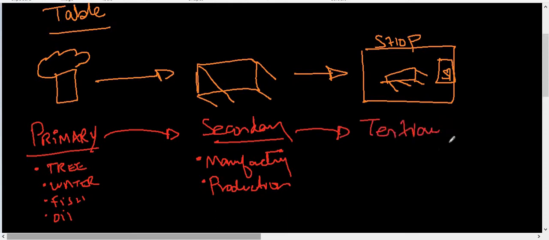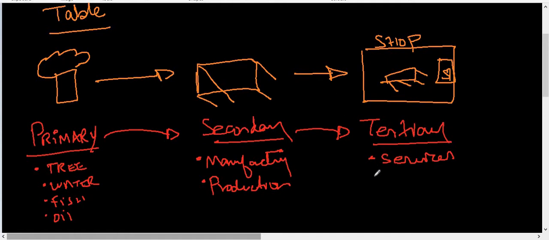Now, tertiary sector is all about services. Even a retail shop you see here is a service of providing products. The job of the shop is not to extract the wood, not to make a table. The only job they do is they sell these products. That's a service.